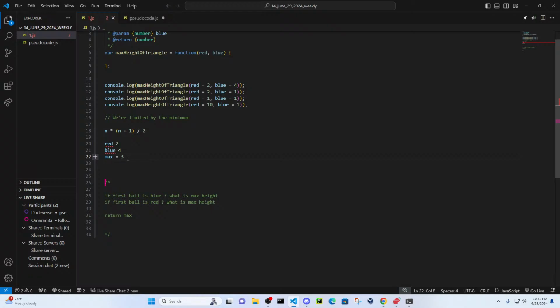It depends on which ball you start, because for example, look at example 2. If the first ball was red, the maximum height will be 1 because you cannot stack 2 blue. But if the first ball is blue, then in the second row you can put 2 red balls, so you can reach height 2.